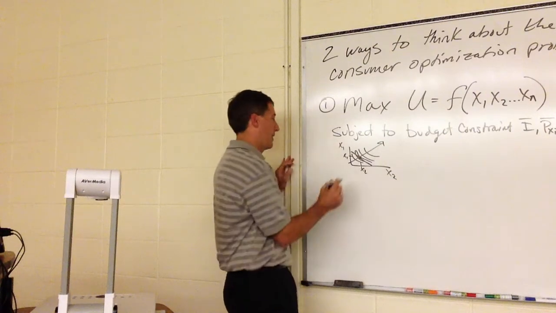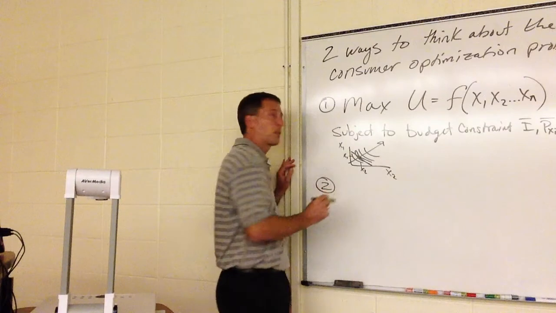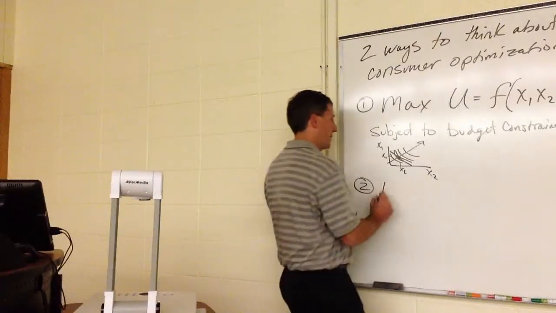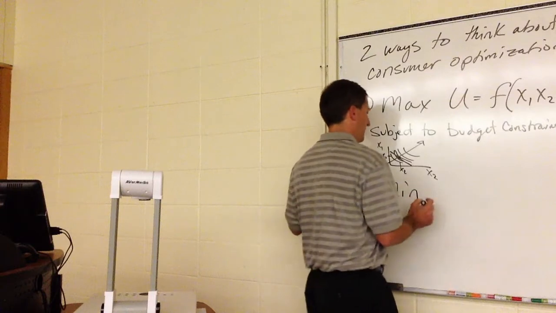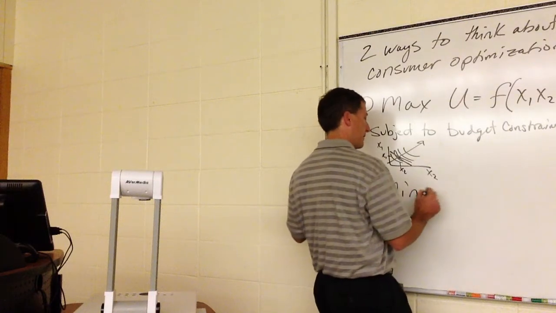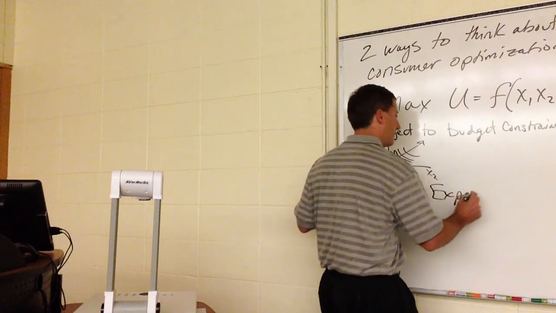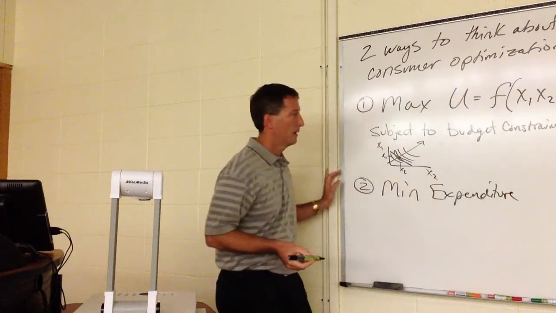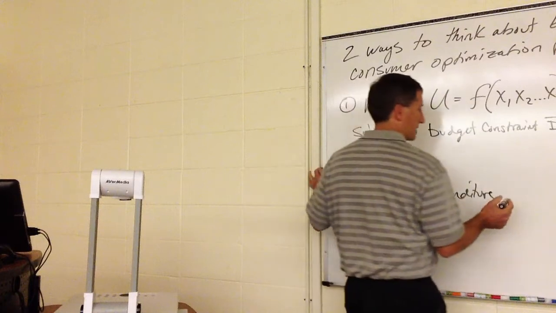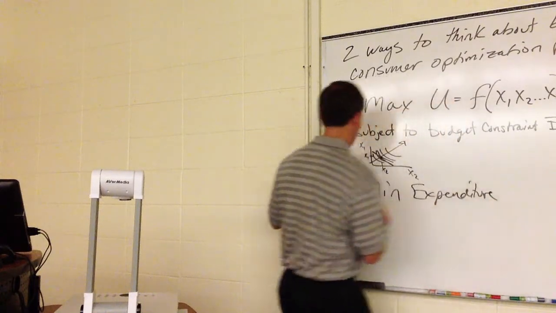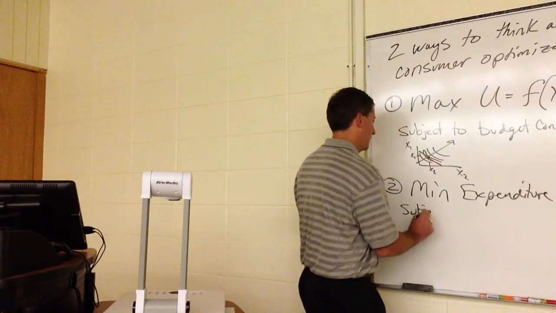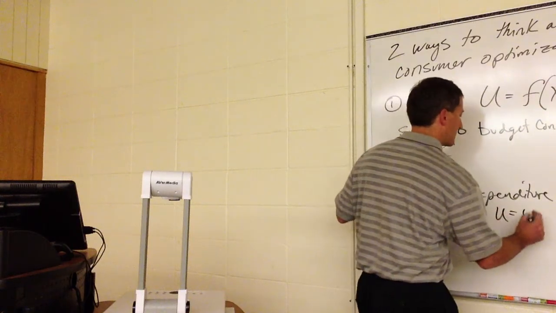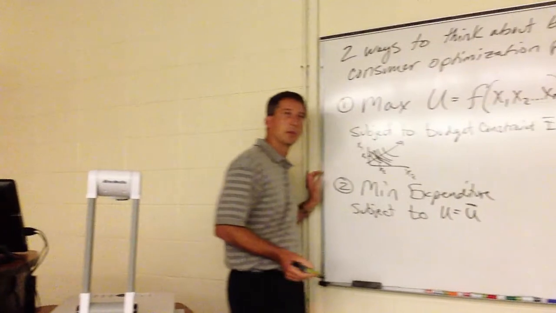An alternative thought to the same problem, almost like looking through a mirror, is to minimize expenditure subject to utility being fixed at some level.